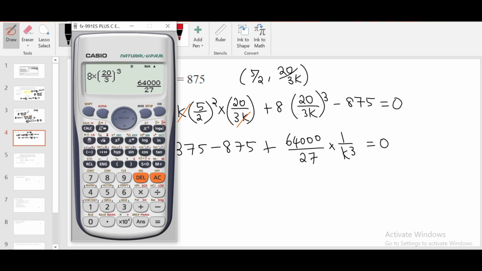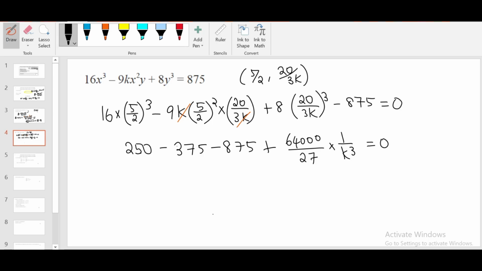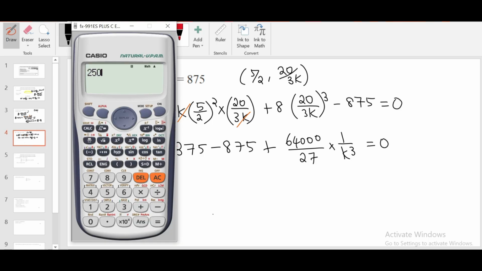Now simplify these numbers first. We have 250 minus 375 minus 875. We get minus 1000, which goes to the other side and becomes positive 1000.